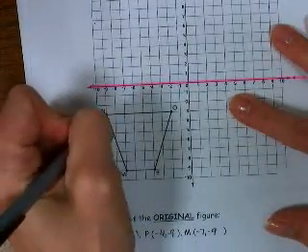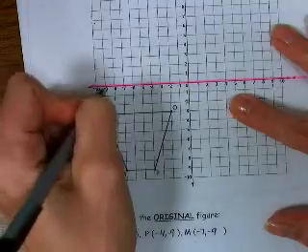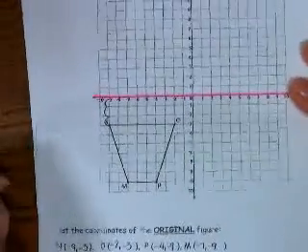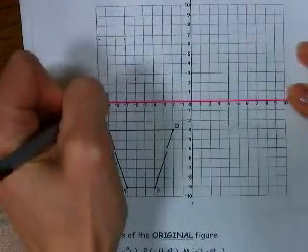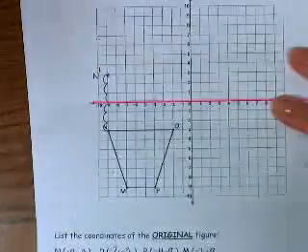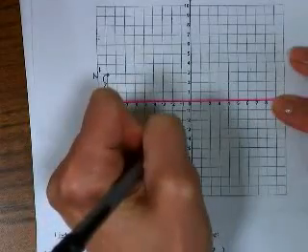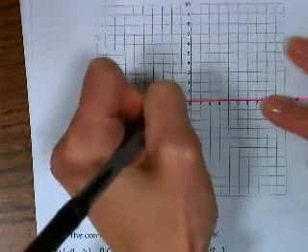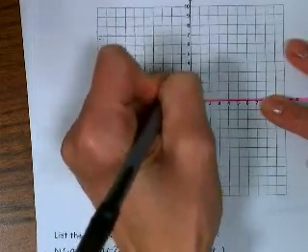If I notice here that N is 3 units away from the x-axis, N prime is going to be 1, 2, 3 units away on the other side. So I'm going to label that N prime. And O is 3 units away, so O prime.